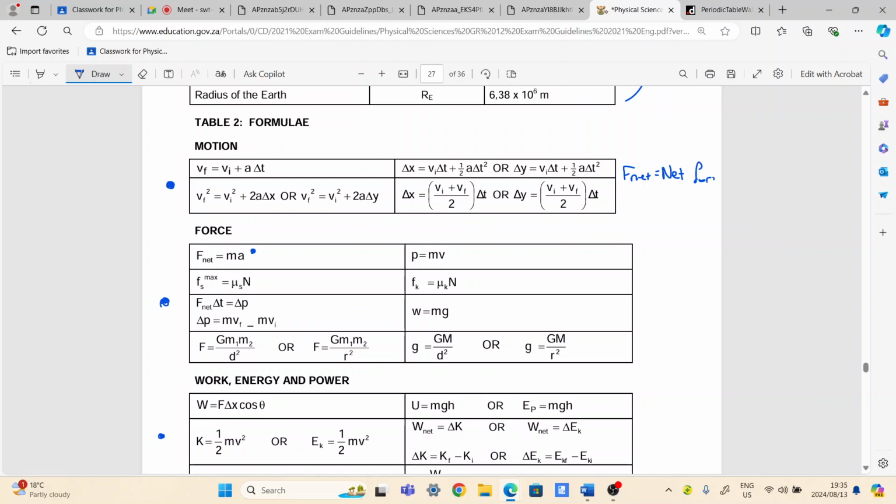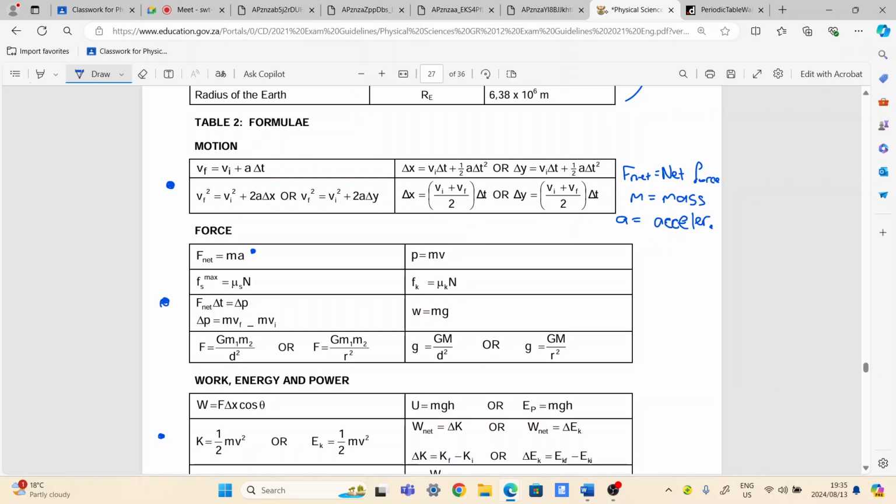Make sure you're writing that down in words. M equals mass, and A equals acceleration. Always make sure you're writing down a key to every question.